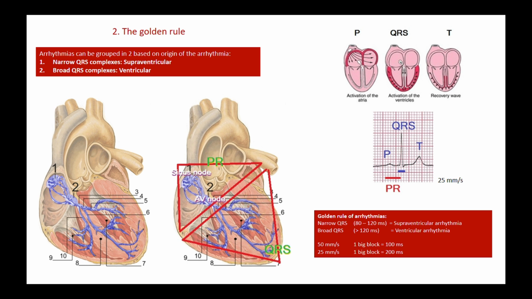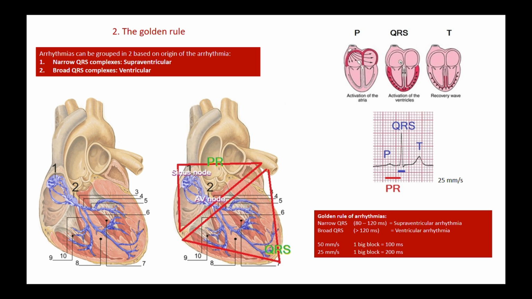And the reason we want to make this distinction between the types of arrhythmias is that the ventricles are the chambers of the heart that are pumping blood into, respectively, on the right side the lungs and on the left side the systemic circulation, and therefore they directly influence the hemodynamic condition, the circulation of the patients.